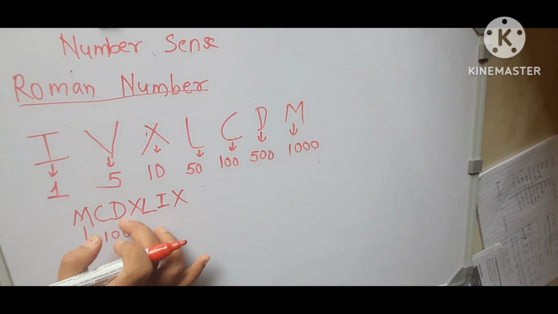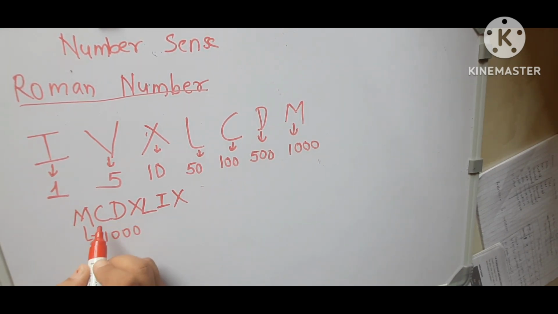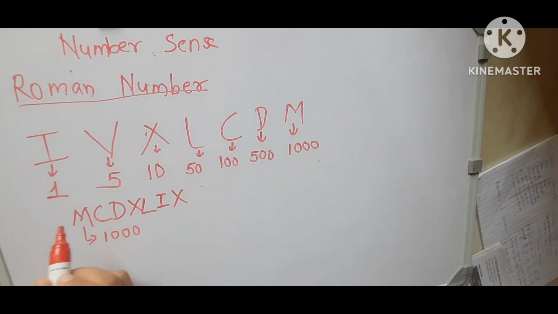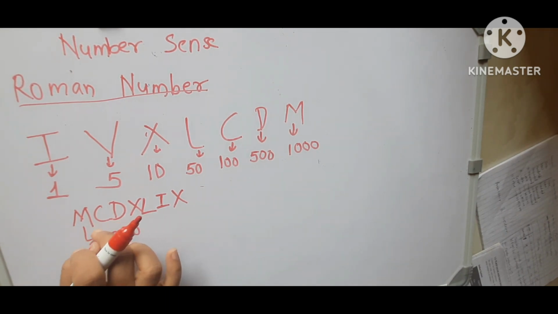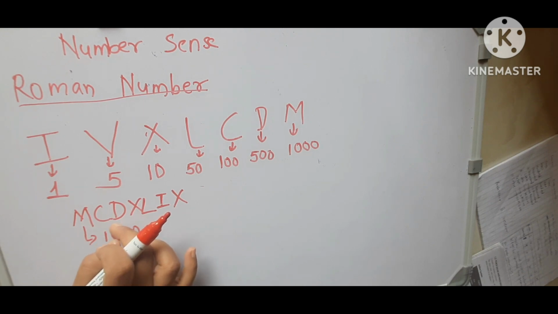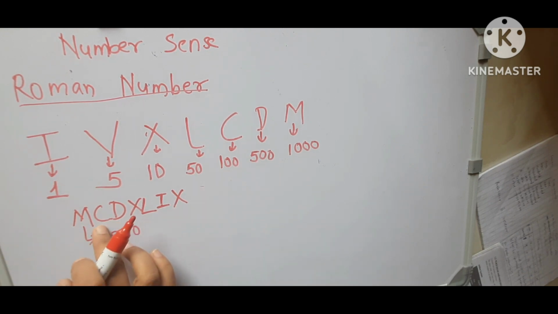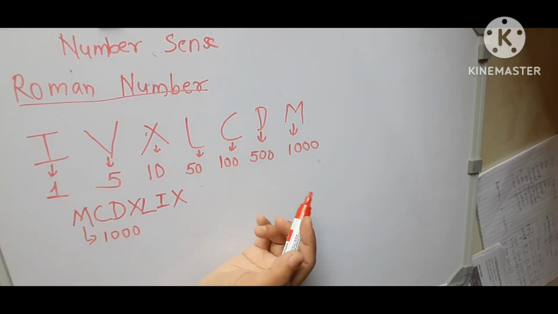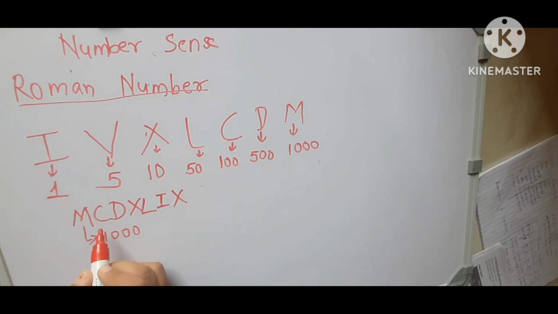C, D. Now, as I have told you, whenever a smaller Roman number comes before the larger Roman number, we have to subtract it. In this case, what you need to check is if C is larger or smaller than D. C is smaller, and in this case we'll subtract the value of C from D. So D is 500, C is 100, so 500 minus 100, that is 400. So the value of CD will be 400 here.